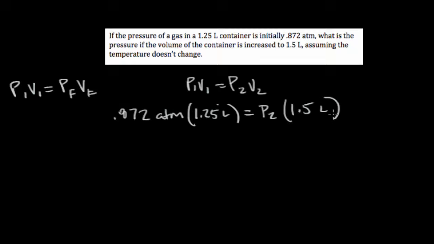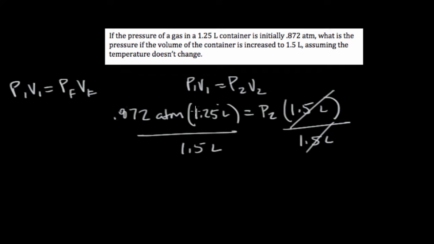The first thing that we're going to need to do is divide both sides by 1.5 liters to isolate our final pressure. On this side, we completely cancel out 1.5 liters, and on this side, we cancel out our units of liters, and we get 0.872 times 1.25 divided by 1.5, and we'll retain our unit of atmospheres here, and that'll give us our final pressure, which happens to be 0.727 atmospheres.